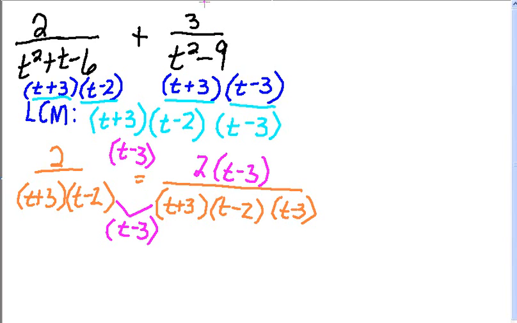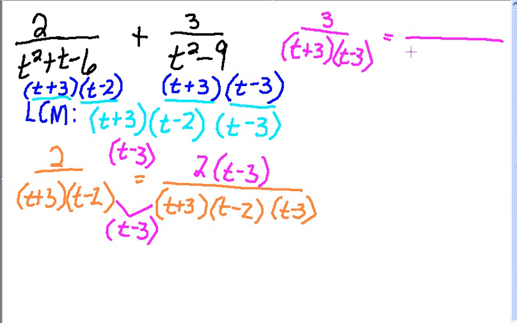Next, I want to get my second term in terms of my common denominator. So I'm going to rewrite it in terms of its factors, which is t plus 3, t minus 3. And I want to get it in terms of that new least common multiple, or common denominator, which is t plus 3, t minus 2, and t minus 3.